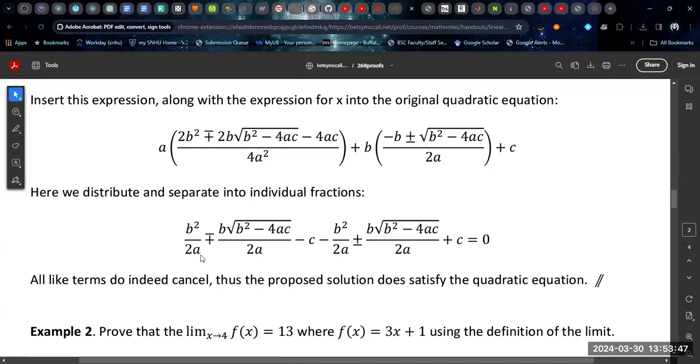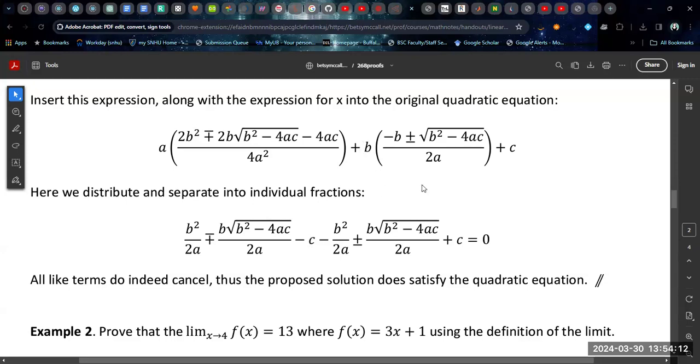And when I split these into separate terms, I ended up with b squared over 2a. And this one reduced to b times the square root over 2a. And then the extra a here cancels, and things reduce here to just c.